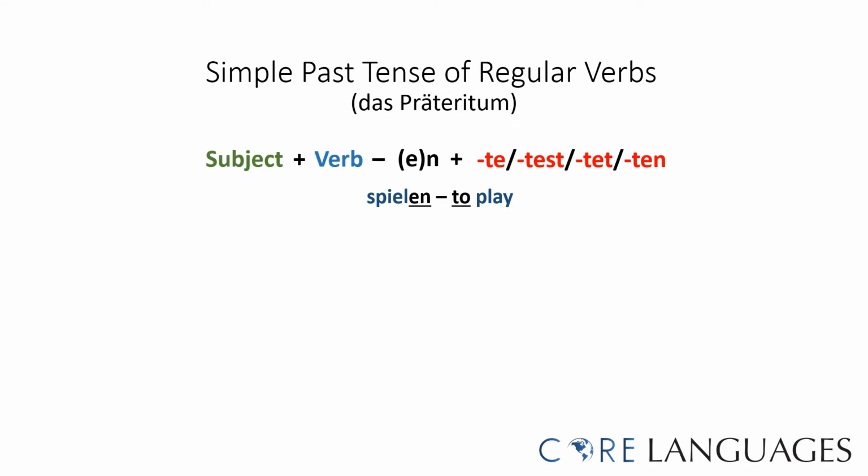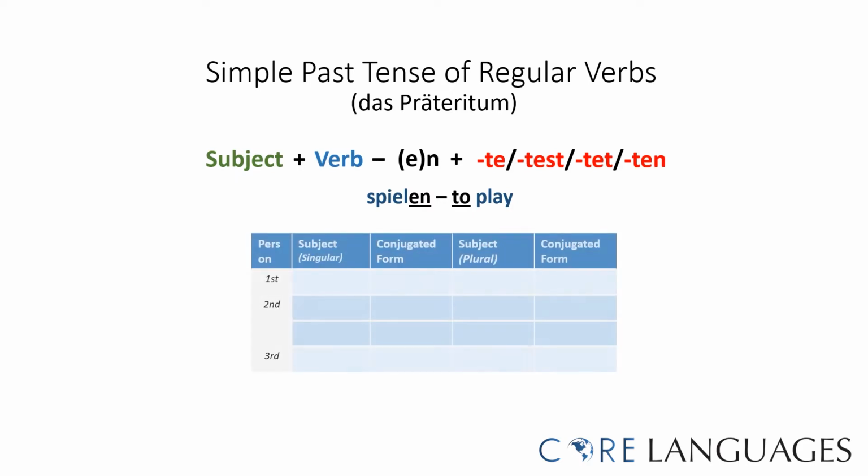To conjugate spielen in the preterite or the Präteritum, we remove the ending en and add te for ich. Ich spielte. I played. Du spieltest. You played. Sie spielten. You, sir, or you, ma'am, played.